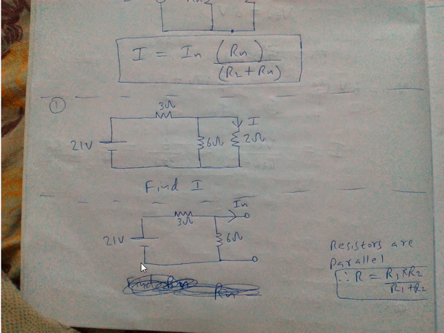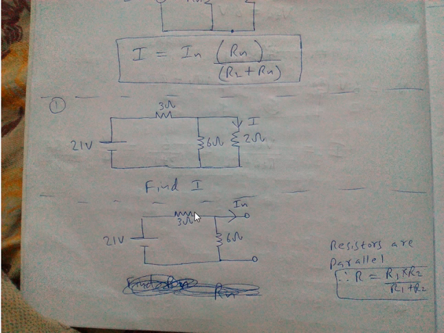Here, as we know, V is equal to IR, so I is equal to V divided by R. That is the formula we have to apply here.